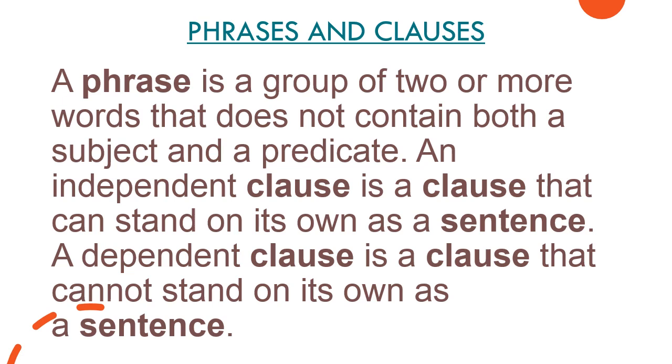A sentence is complete only if it has both subject as well as predicate. So an independent clause has both a subject as well as the predicate in the sentence. Whereas a dependent clause is a clause that cannot stand on its own as a sentence, means it is dependent on someone. To make it further clear, I will move you to the next slide.